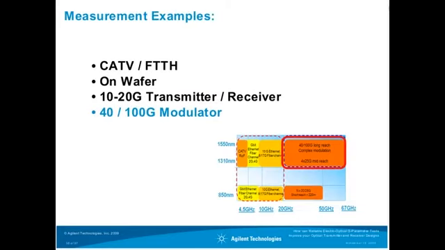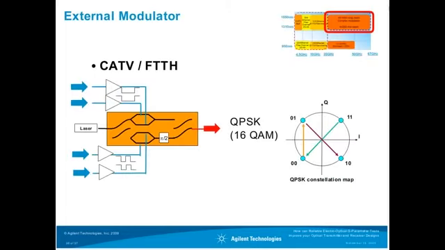Now at the end, let me come to the last example, the 40 and 100G modulator. 40 and 100G modulators, especially for the new complex modulation formats, usually have two or four electrical interfaces, and always two of those four are operated in push-pull.